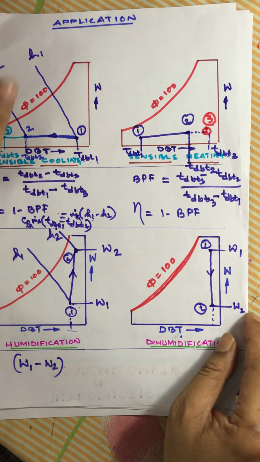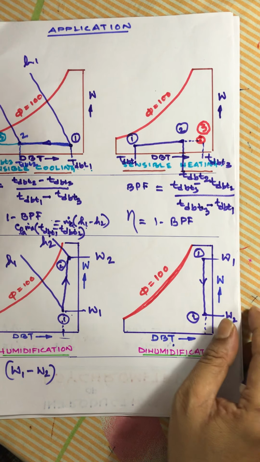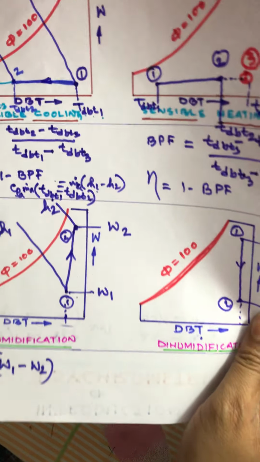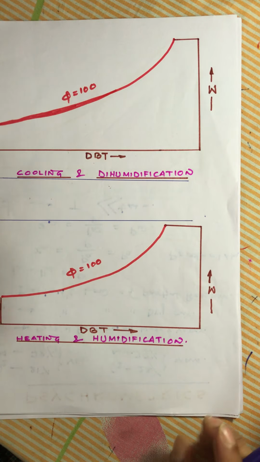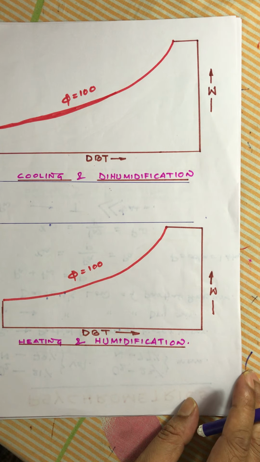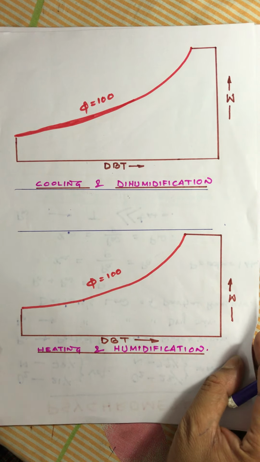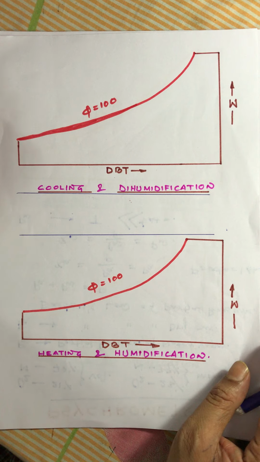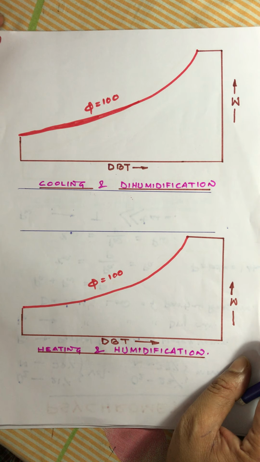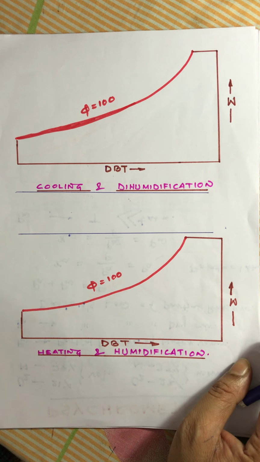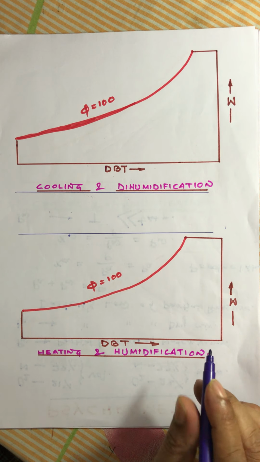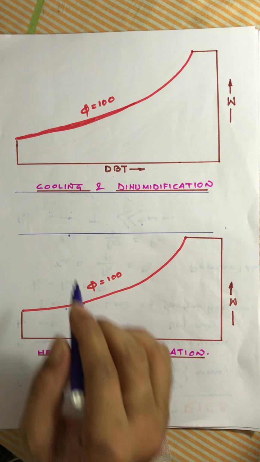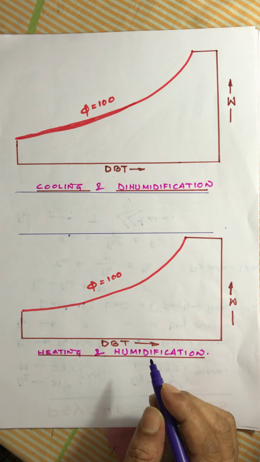Now, next is cooling and dehumidification process. What is cooling and dehumidification process? Cooling and dehumidification process is nothing but we have to execute two processes simultaneously, cooling as well as dehumidification.